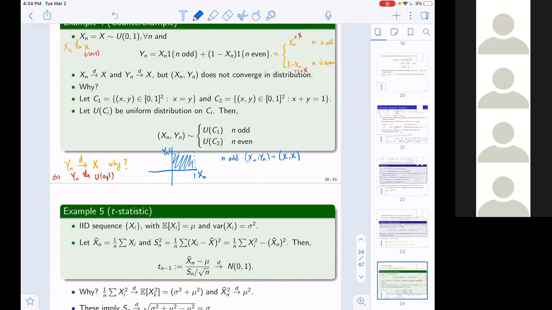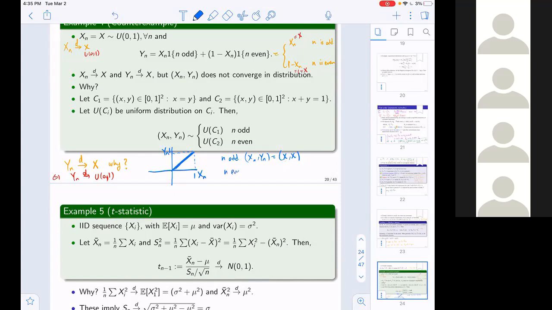Something like that, yeah. Is it uniform on the diagonal, like the line? Okay, great. So it's going to be uniform on this line, not the entire square, because if the first coordinate is 2, the second has to be 2. If I had drawn independent uniform X and Y, then it would be uniformly distributed in the square. But here it's going to be just uniformly distributed on this line.